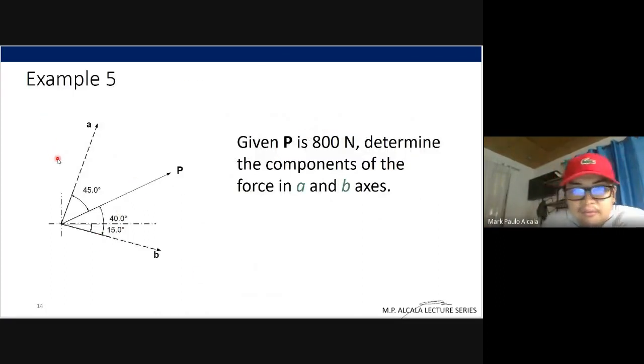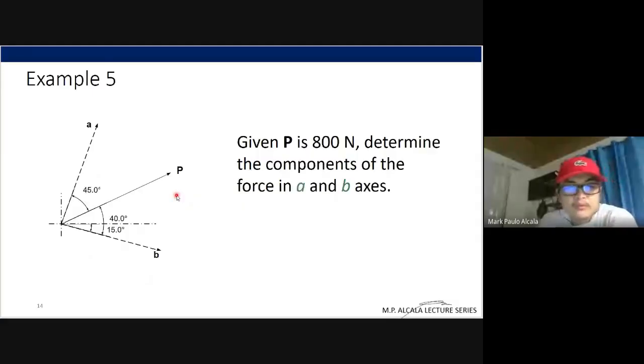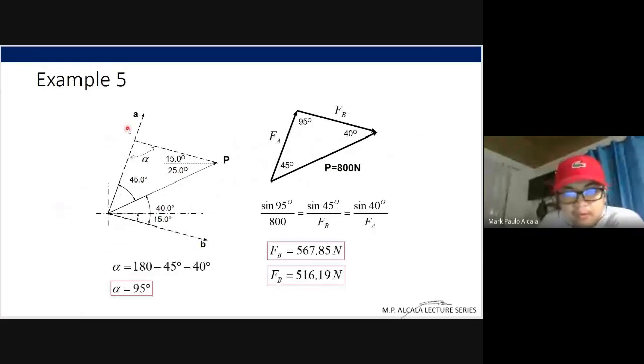In this case, we have a given resultant force P equivalent to 800 newtons. We are to resolve it with the forces in this diagram.